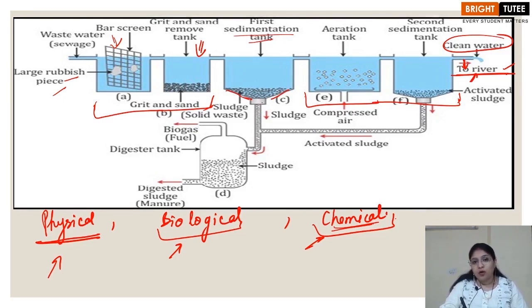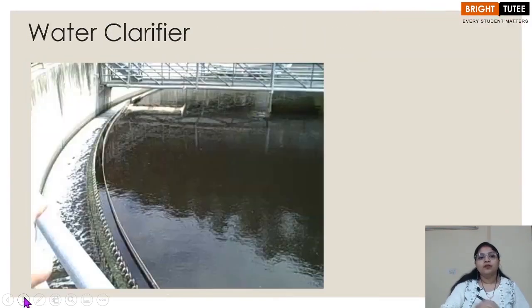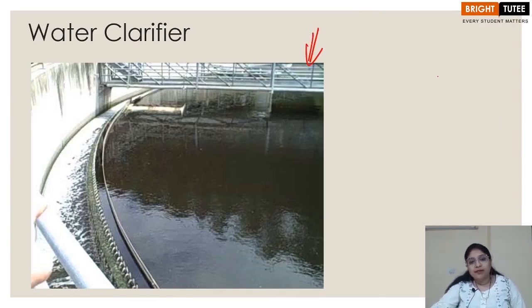Why is it sloped? Because solids like feces can settle down. Again, these are sloped so that we can remove all this feces and any solid material easily, right? So as you can see, these tanks are sloped in the middle, and whatever settles down in this particular tank, that is the water clarifier.